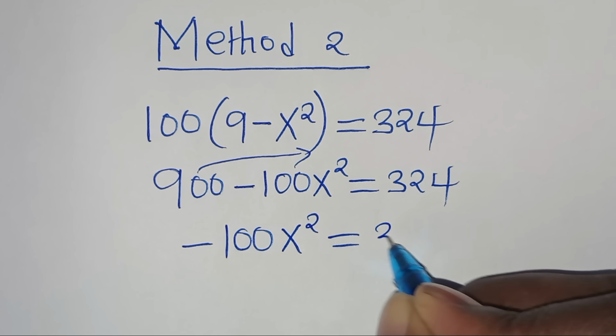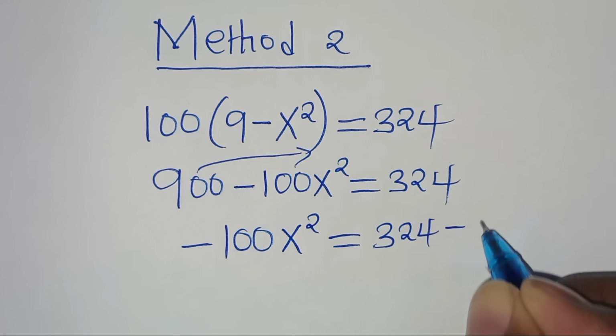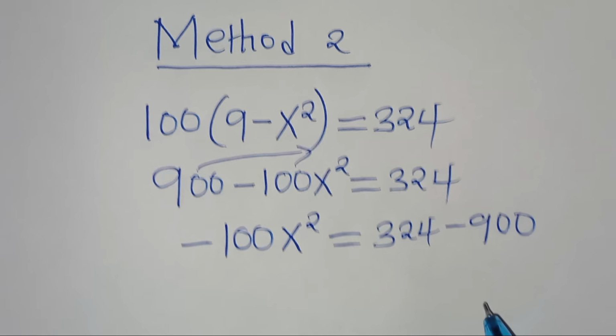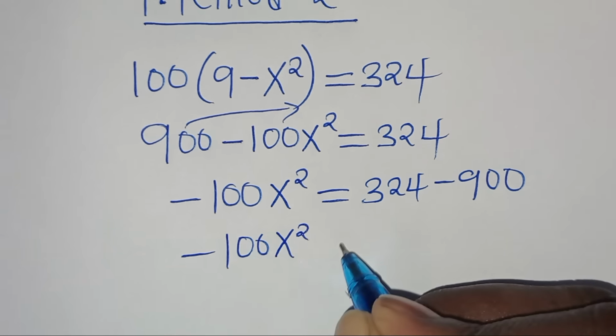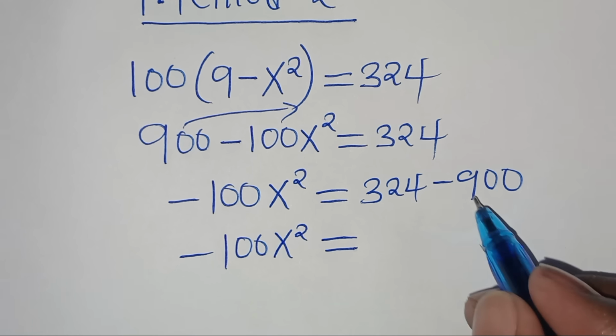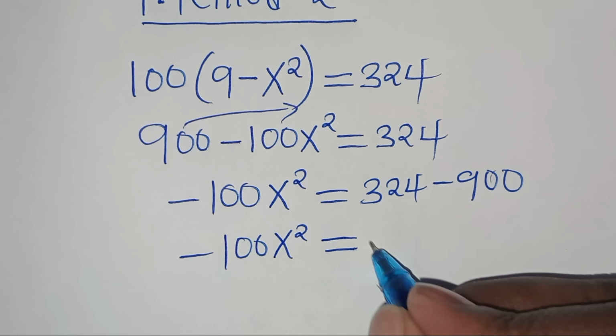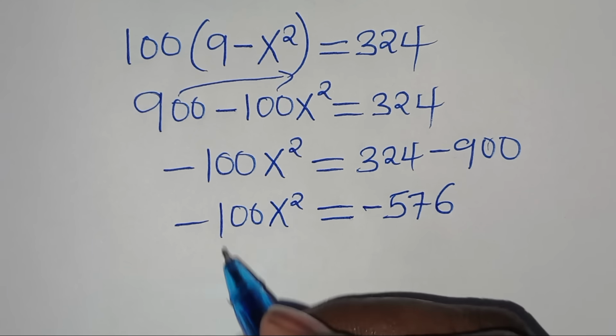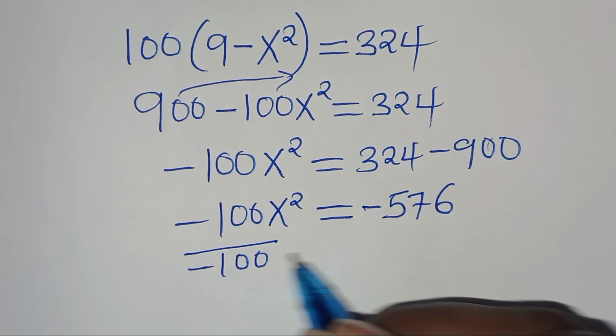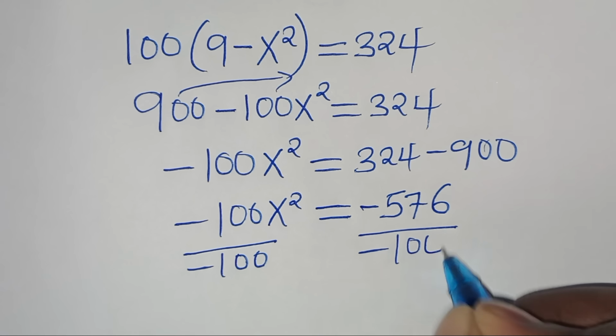This is equal to 324 minus 900. So this is negative 100 x to the power of 2. This is equal to 324 minus 900. This is negative 576. So let's divide both sides by minus 100.